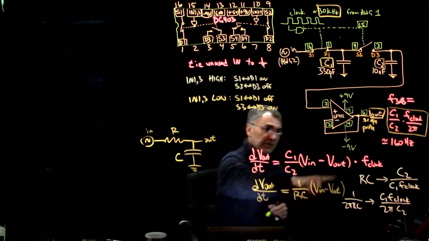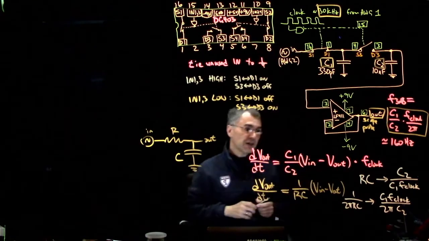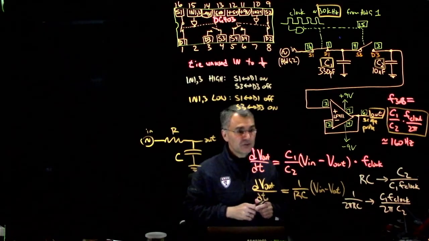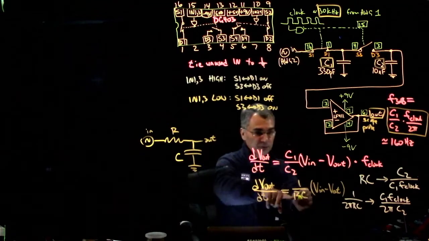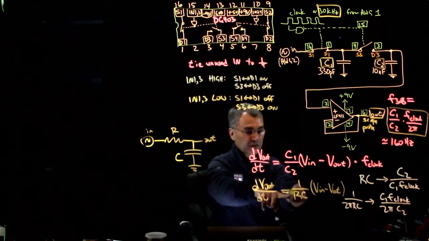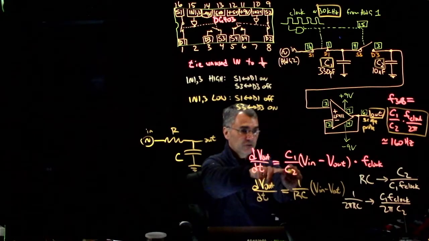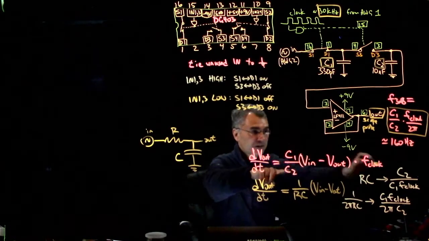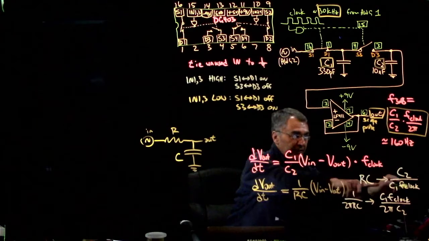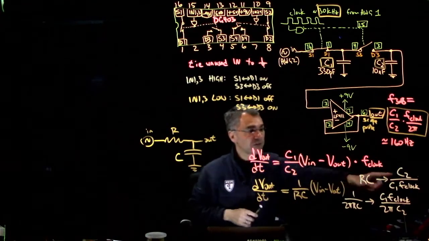So then if you look at this, you want to make these two expressions be the same. You can if you say, what's playing the role of RC? RC is downstairs here. So instead of RC being downstairs, we have C2 divided by C1 f clock. So C2 divided by C1 f clock plays the role of RC.